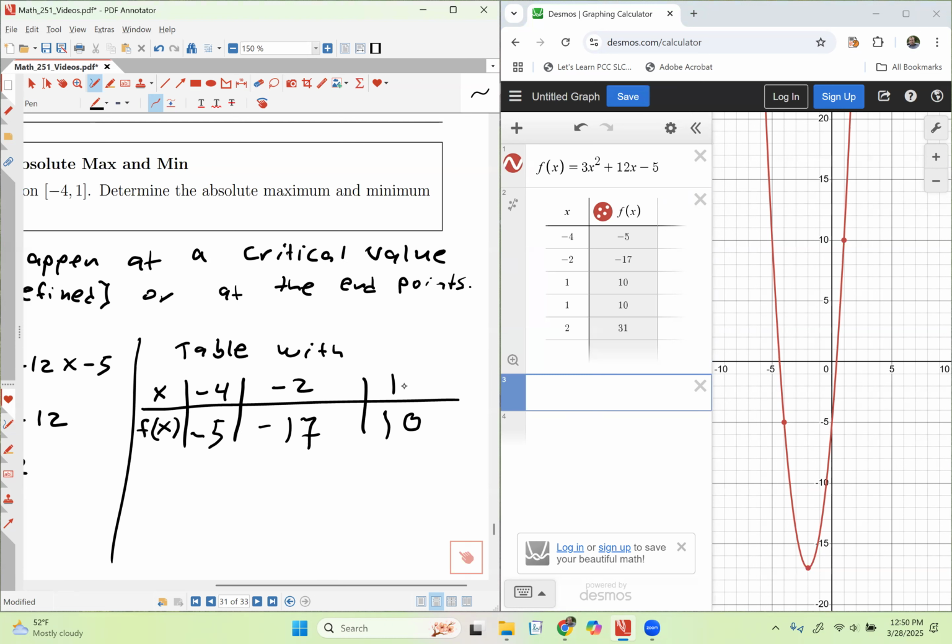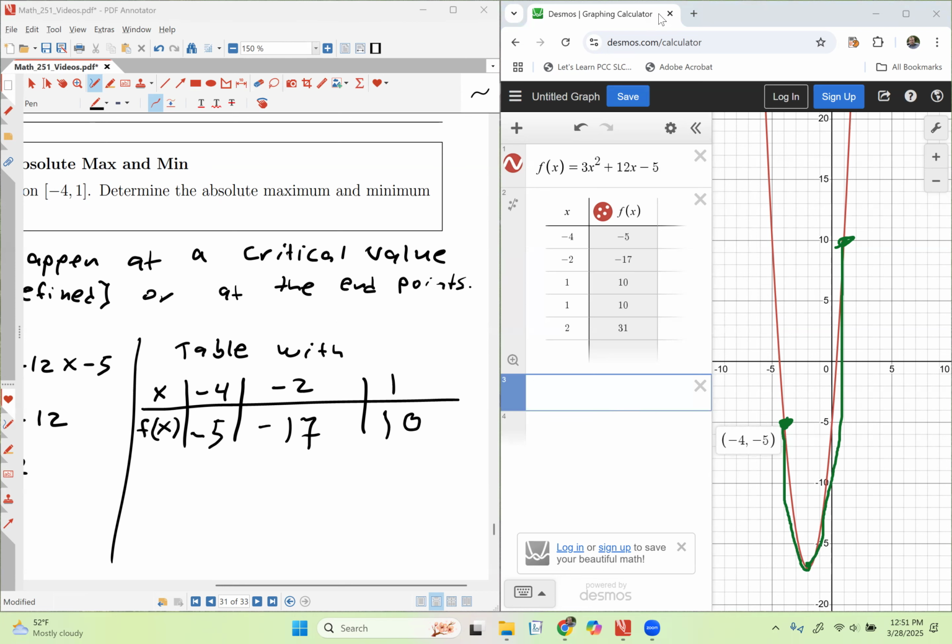So what I'm doing here is I'm looking at this function, and I'm only going to be looking at it from here to here, those green dots. So in the table, I can see that it goes down to my absolute minimum here, and then it comes back up there.